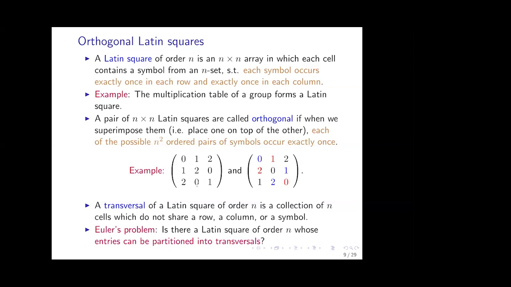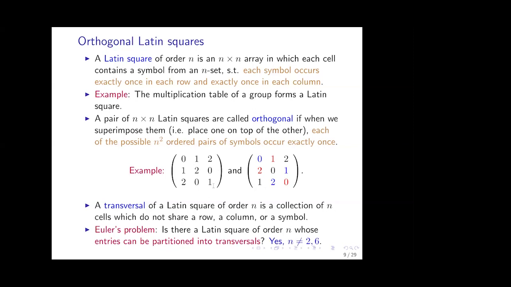They are 0, 0, 0. So the three pairs 00, 10, and 20 appear. And for the red elements 1, 2, 0 in the right Latin square, their corresponding elements in the left are all 1. So 11, 21, 01. These three pairs appear. Similarly for the black ones. Anyway, Euler's problem is equivalent to asking for the existence of a pair of orthogonal Latin squares.